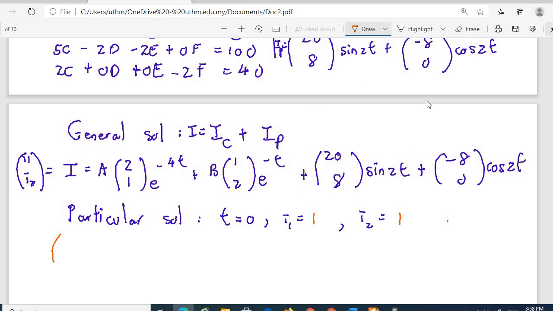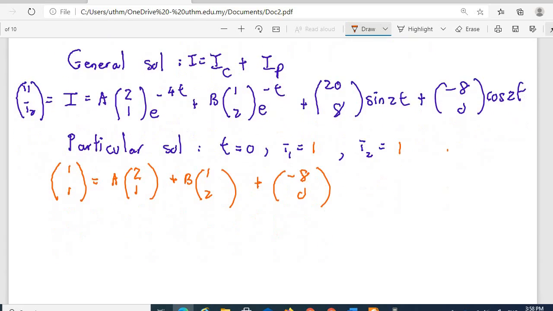Then plug in 1, 1. Then you get A, 2, 1 times exponent 0, which is 1, plus B, 1, 2. Sin 0 you got 0, so this term is gone. Cos 0 is 1, so you have here negative 8, 0.